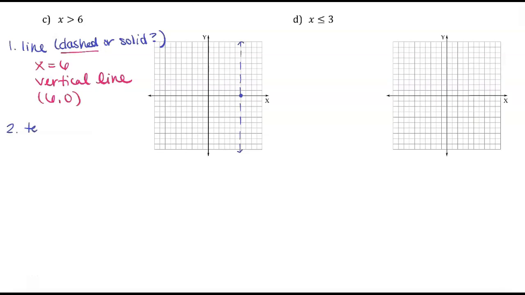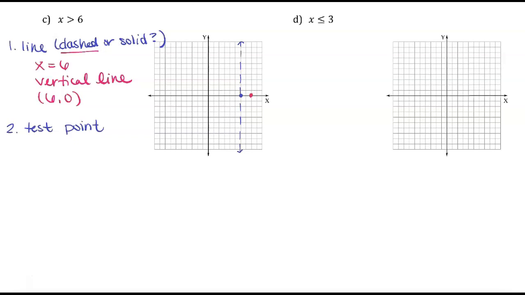Step 2 is to test a point. But I think that you'll find that if you think through this inequality, you already know which side should be the solution set. We want all x values that are greater than 6. That is, we want x values to the right of 6. Let's test a point just to be sure. We think it's going to be to the right of 6, so let's choose a point to the right.